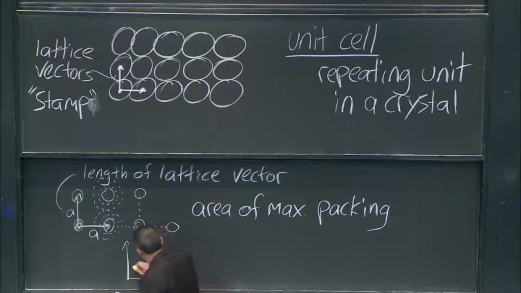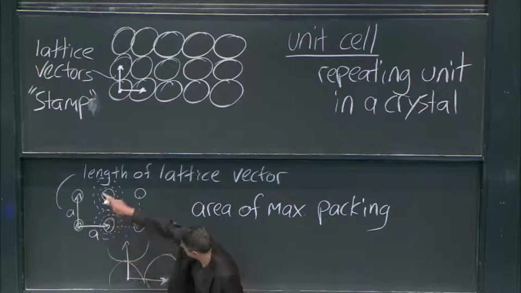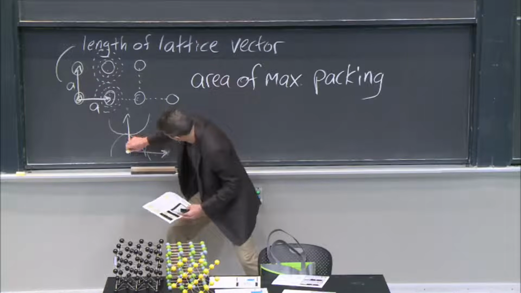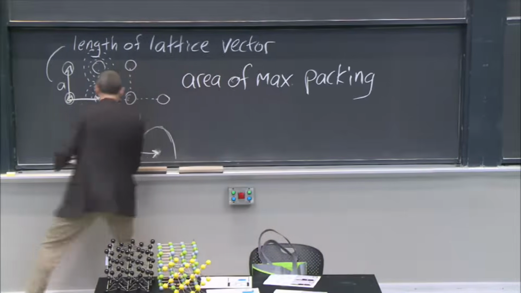Anyway, you'll get the point here, which is that if this lattice vector is A, like I drew there, and I'm looking at the maximum packing, then you know already that the radius of the circle is a half A.